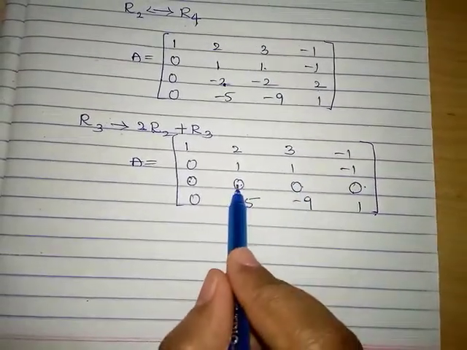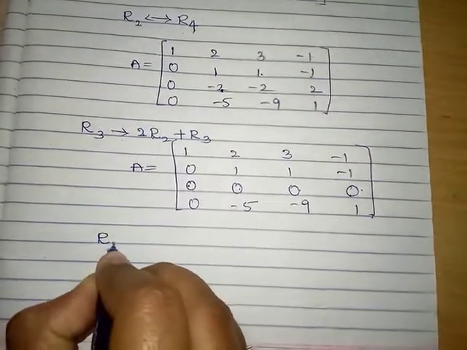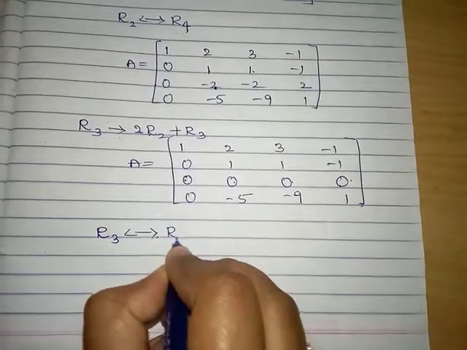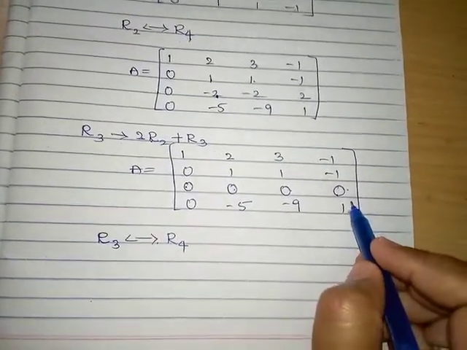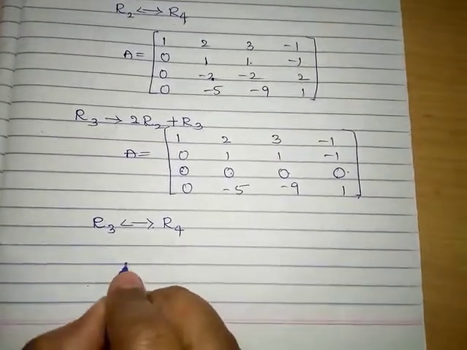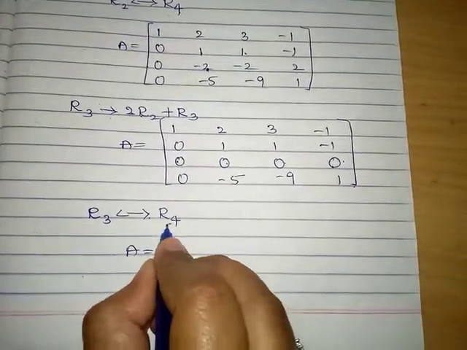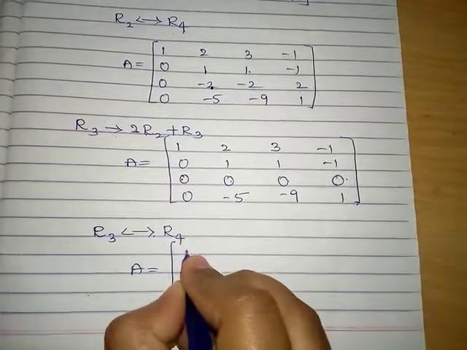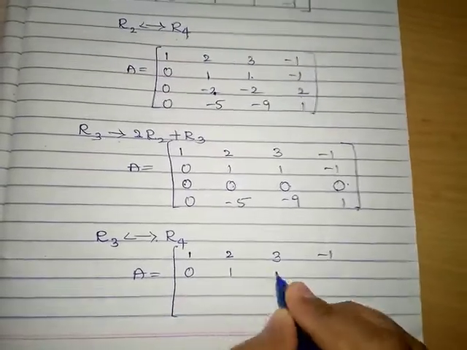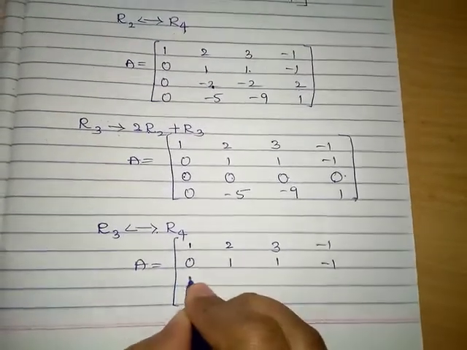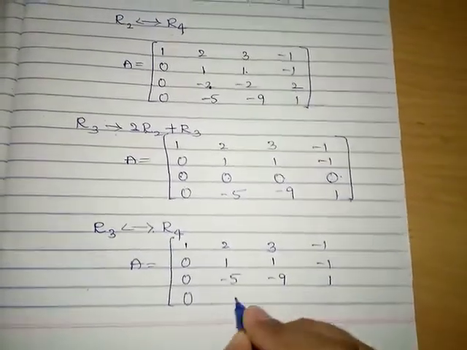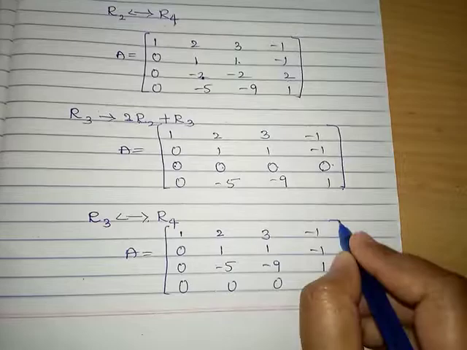So I will take R3 changes to R4, because according to our echelon form, all non-zero rows are above the 0 rows. Matrix A is equal to 1 2 3 minus 1, 0 1 1 minus 1, 0 minus 5 minus 9 1, 0 0 0 0.